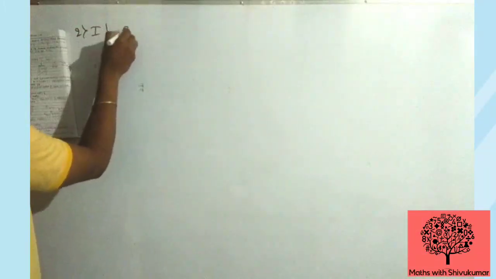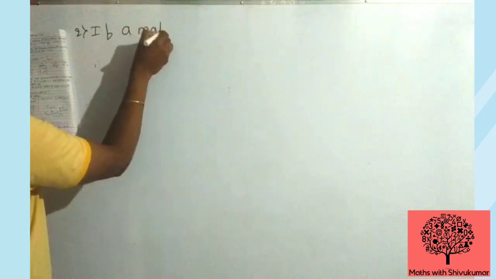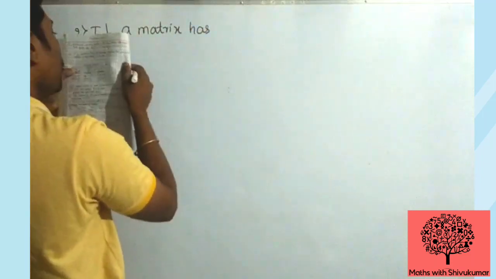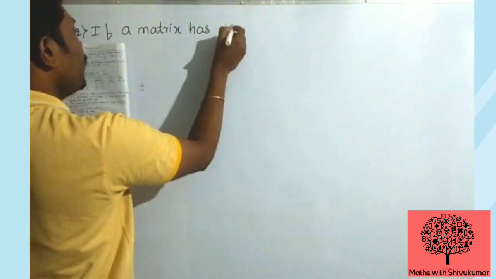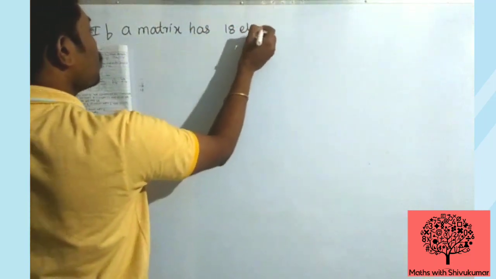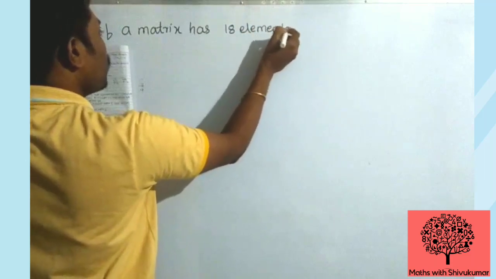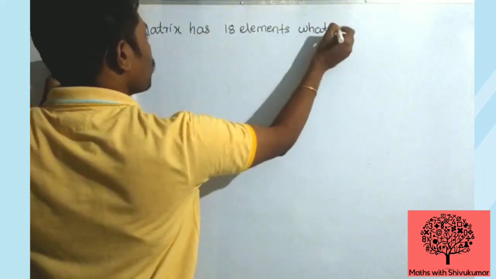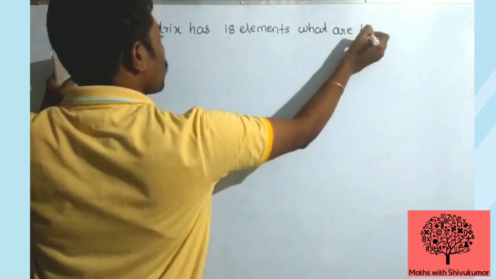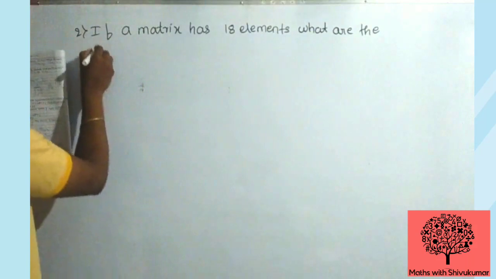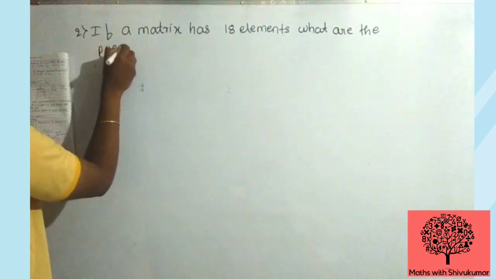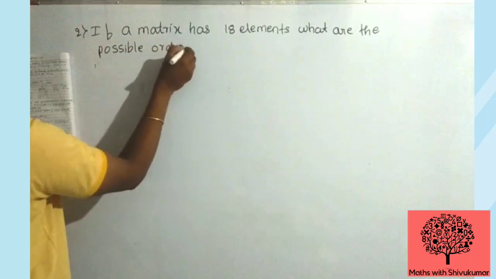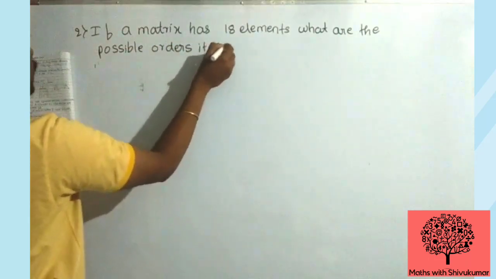If a matrix has 18 elements, what are the possible orders it can have?